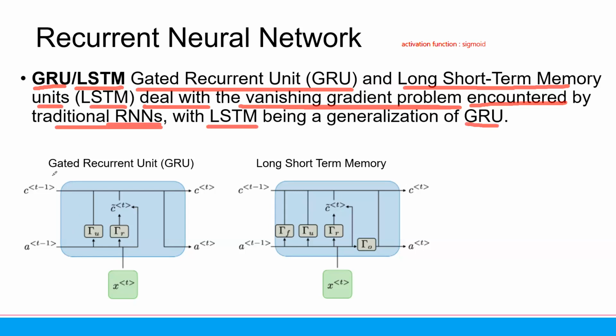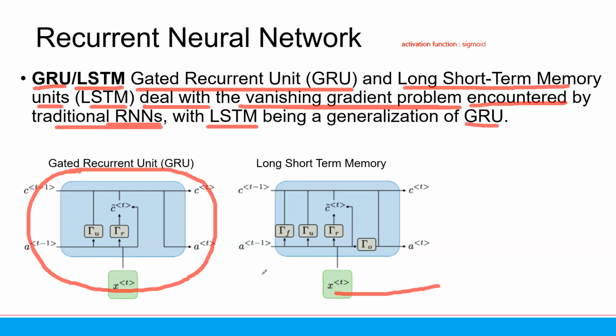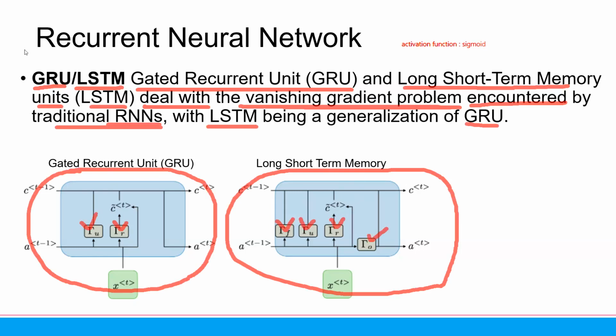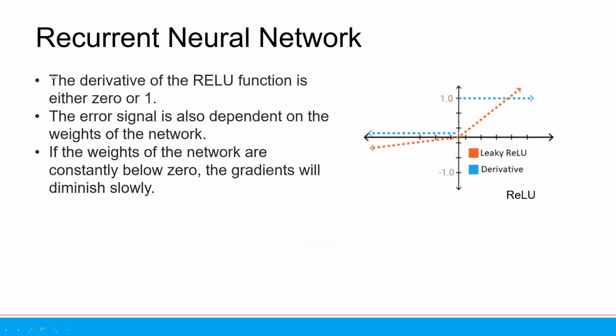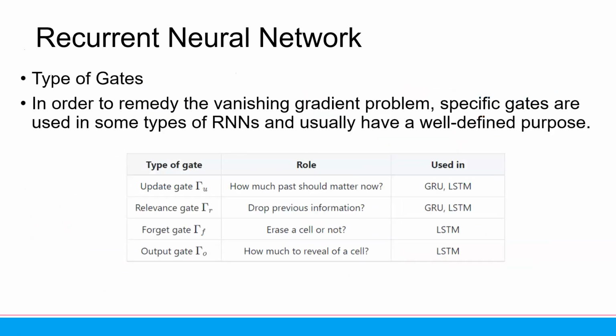So this is the architecture of the GRU. I think it's not easy to understand in a very short time, so I will just give you an introduction to this architecture. The important point is this part. These are the types of gates.